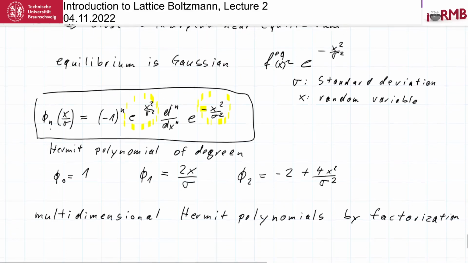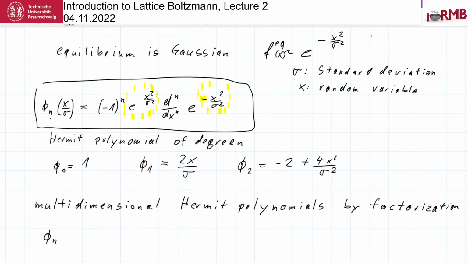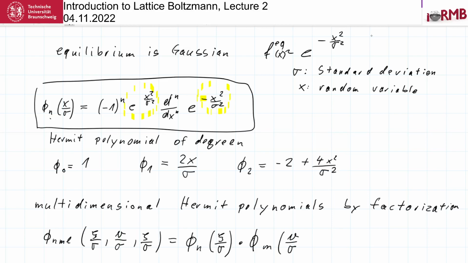Factorization is simply the idea: now we have a three-dimensional kernel function, n m l, and this is a function of xi by sigma, upsilon by sigma, and zeta by sigma, and this is simply phi n, the one-dimensional case, of xi by sigma, times the one-dimensional case m of upsilon by sigma, times the one-dimensional case l of zeta by sigma.